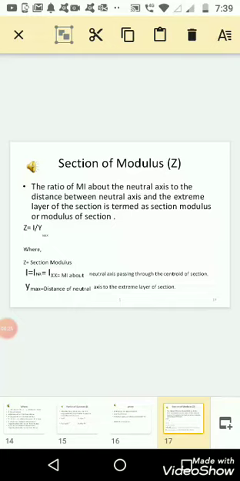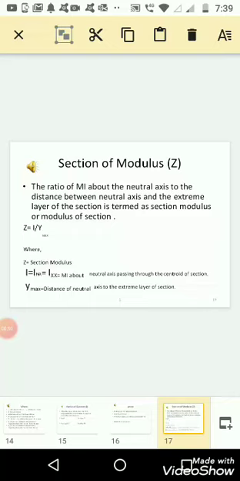Z is equal to I divided by Y max, where Z is the section modulus, I is the moment of inertia about the neutral axis passing through the centroid of the section, and Y is the distance of the neutral axis to the extreme layer of the section.